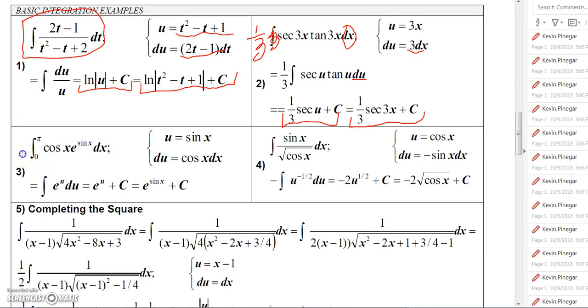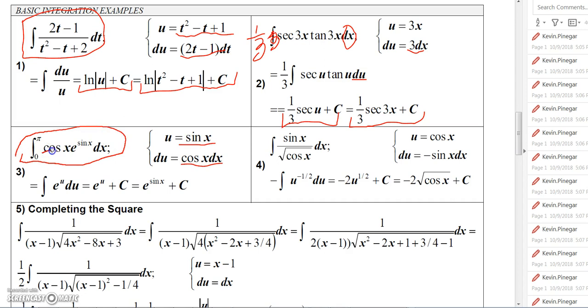Okay, here's a definite integral, but I actually didn't finish that. I'll go ahead and finish it in a minute, but let's assume it's an indefinite integral for now. So you have cosine of x times e to the sine of x. So you could let u equal sine of x, and then du would simply be the derivative of that times dx, cosine x dx.